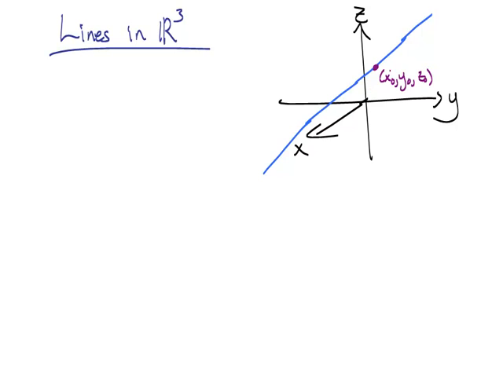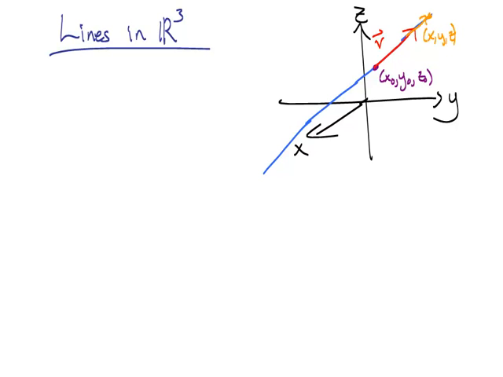So picking some point x naught, y naught, z naught, I'm going to take a vector that lies on that line, so it's going to be in the same direction as that line. I'm going to call that the direction vector of the line, and then that will point me to get to another point on my line. So I can call this direction vector v, and then just by taking scalar multiples of this direction vector, for example, I could extend it out here, I can get to any other point on my line x, y, z.